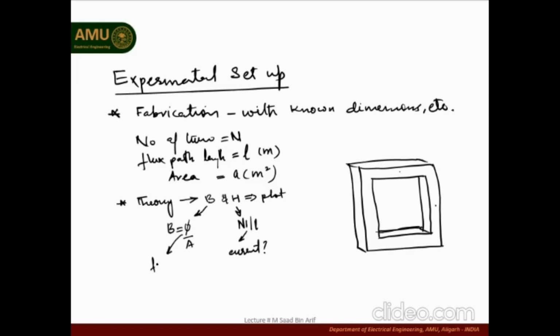We already know area, mean length and number of turns. So if we somehow measure these two quantities, we can easily get the value of B and the value of H, and then plot the curve.